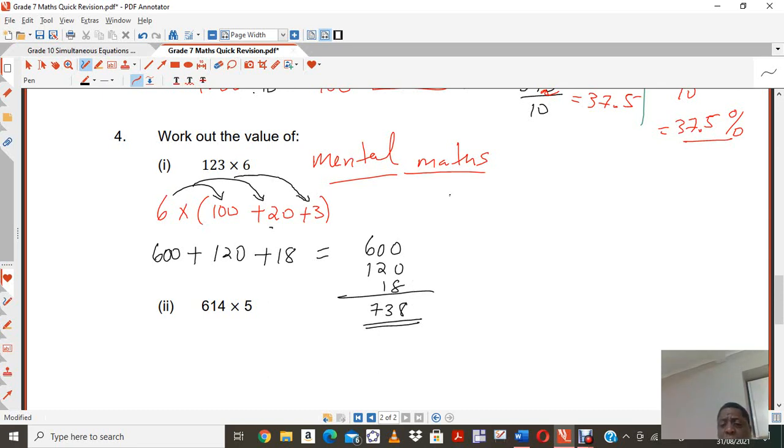There are other methods as well. When I multiply a number by 6, I know that 6 is nothing but 2 times 3.